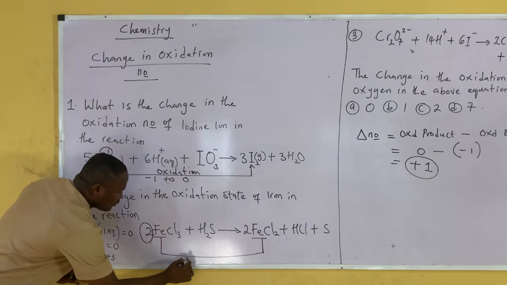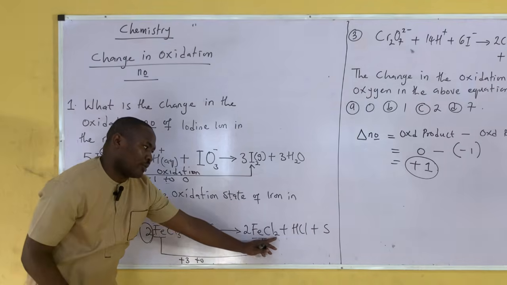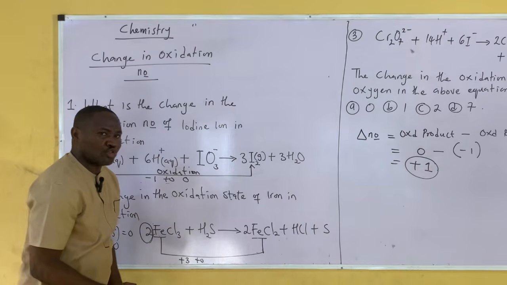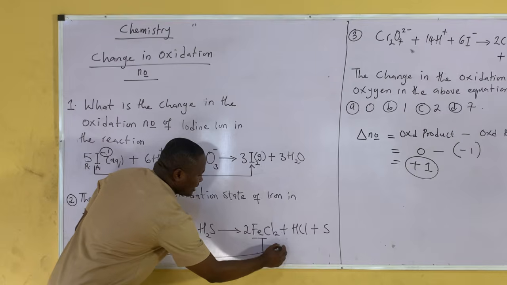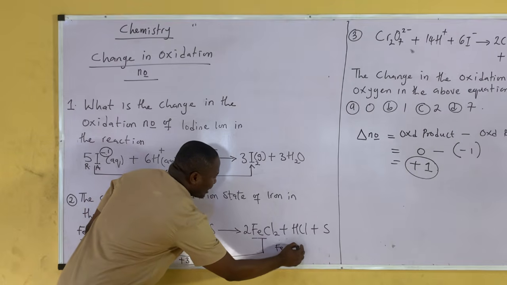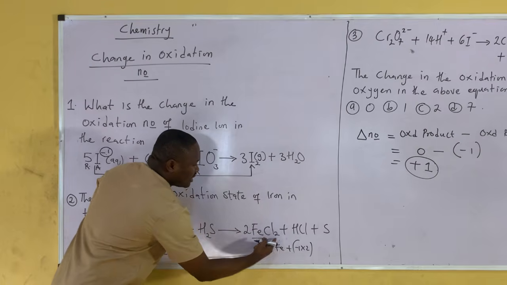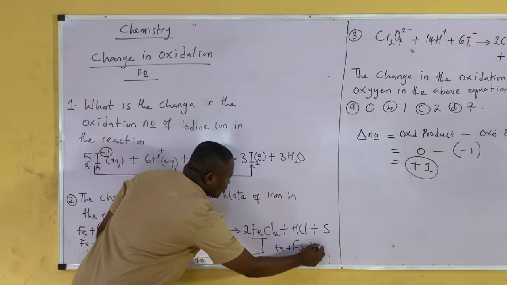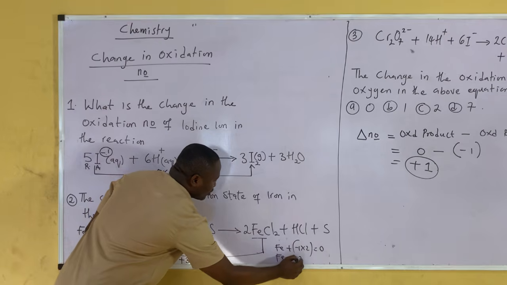Iron is changing from +3 to, if you come over here and do the same, you realize that iron is +2, because I will be having Fe plus -1 times 2, because chlorine is -1 times 2, is equal to 0. So if I solve this, Fe will be equal to +2.